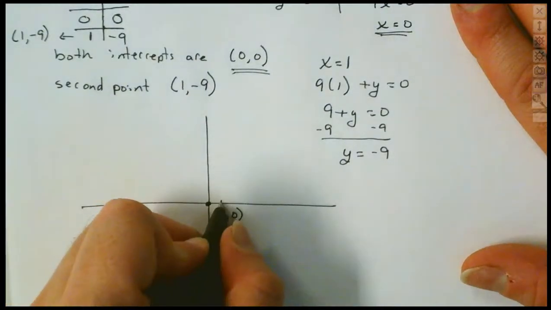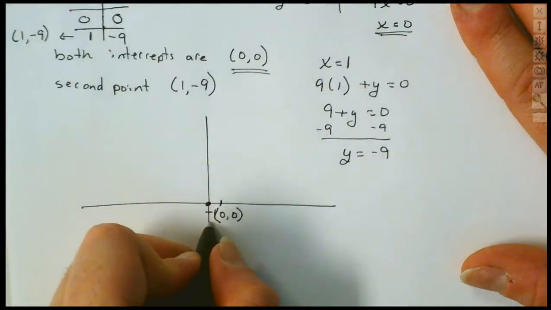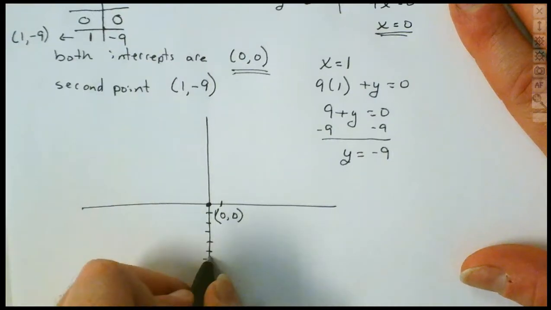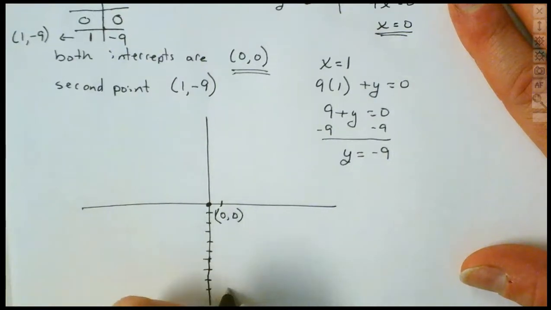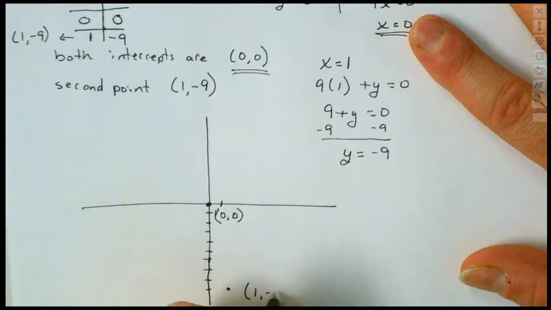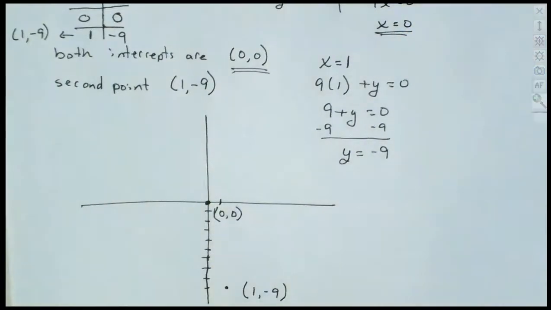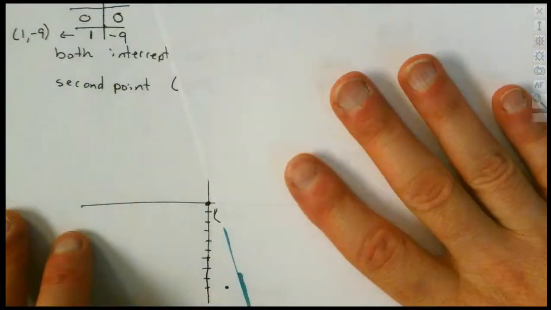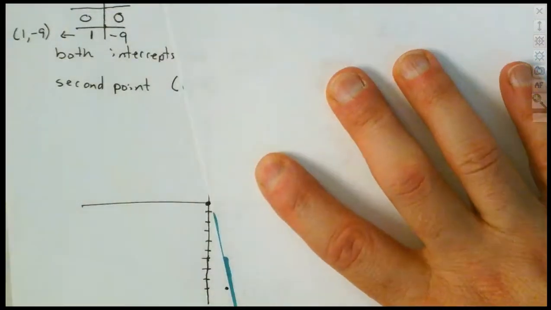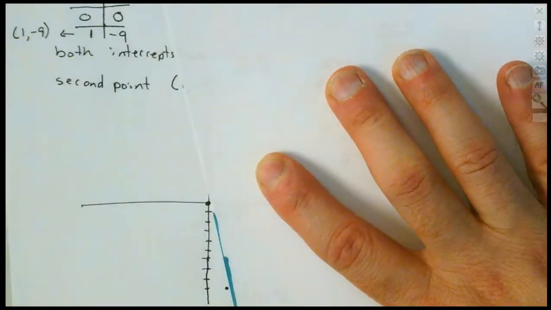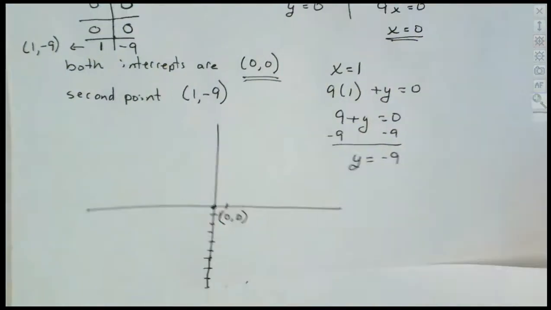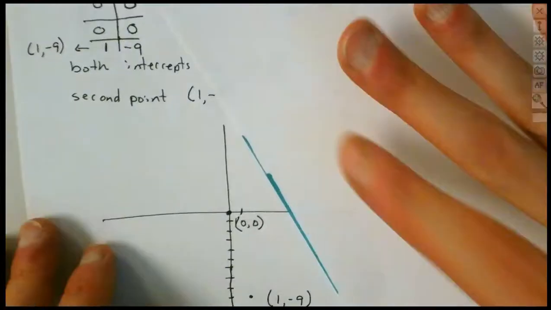So that's over 1, and then down 1, 2, 3, 4, 5, 6, 7, 8, 9. So clear down here. 1 comma negative 9. And now we can connect them together. And we've got our line.